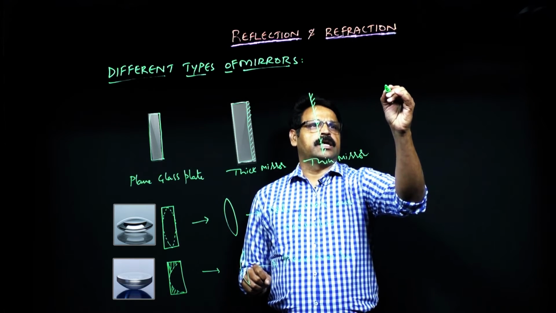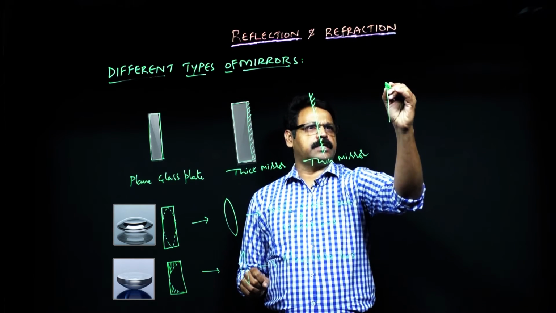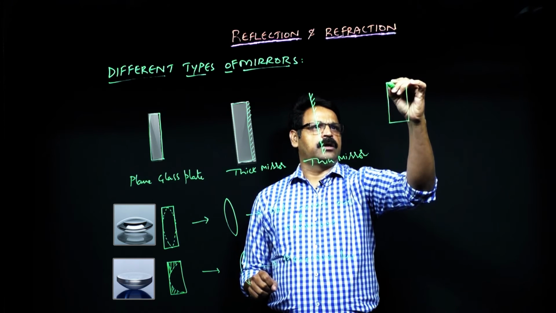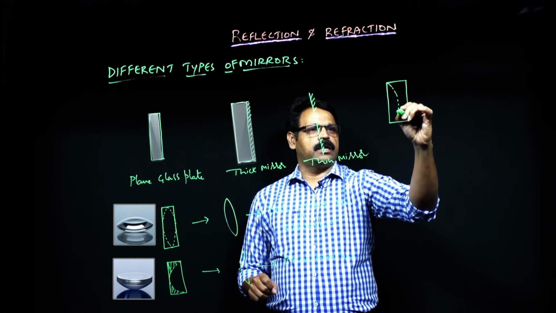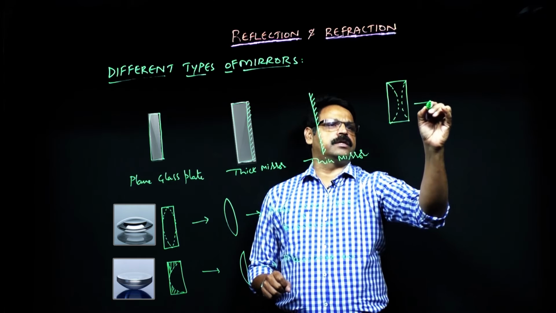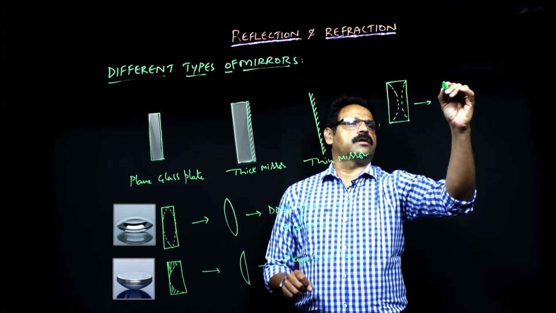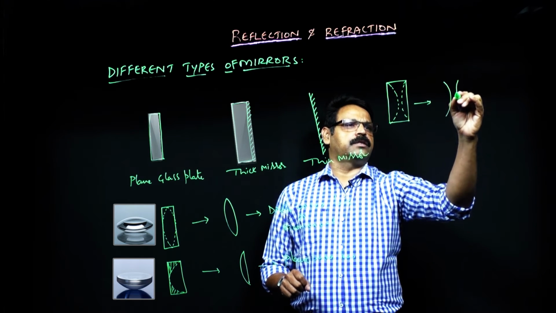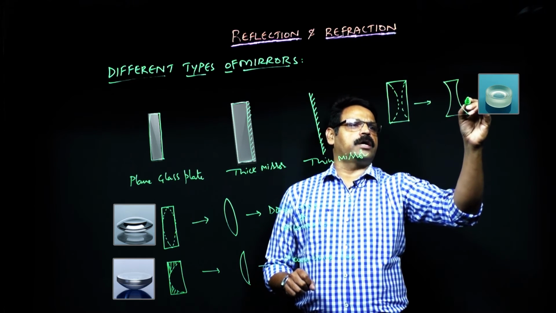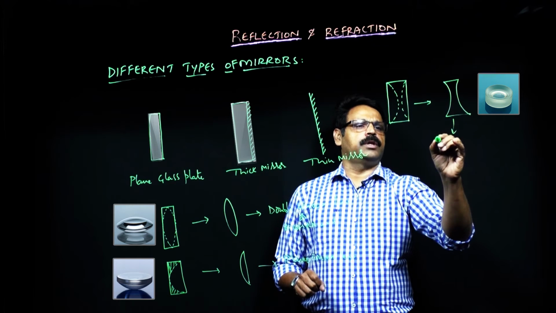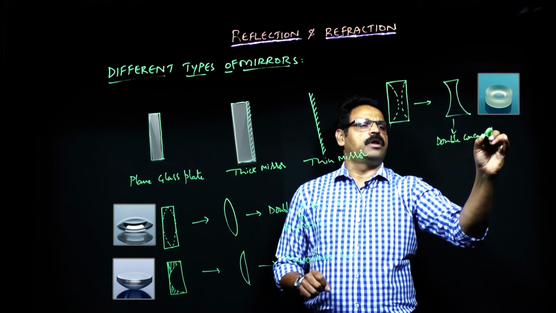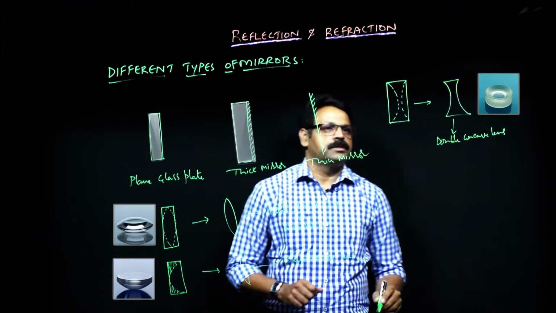Now similarly, if you have a glass plate from which a portion is removed from end to end like this, then the remaining shape is going to be like this. This is called a double concave lens.